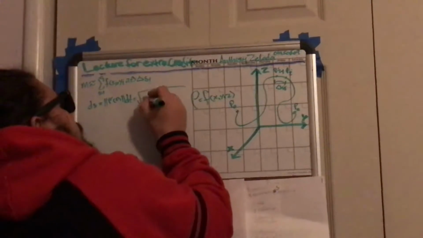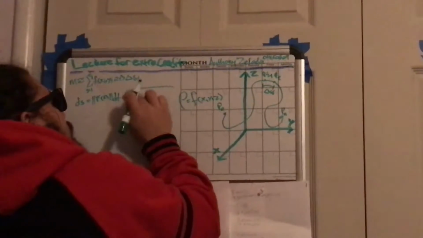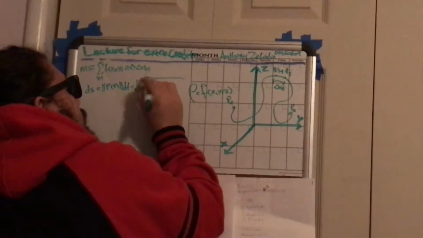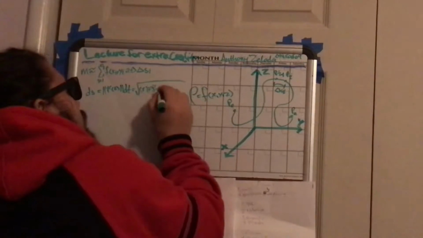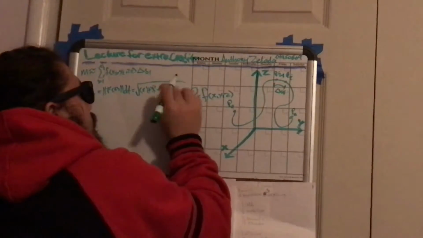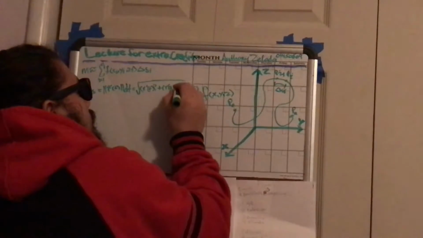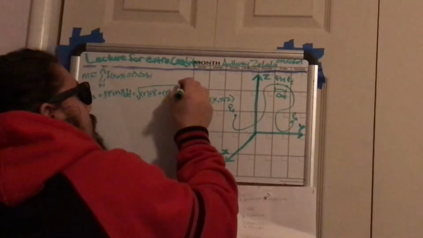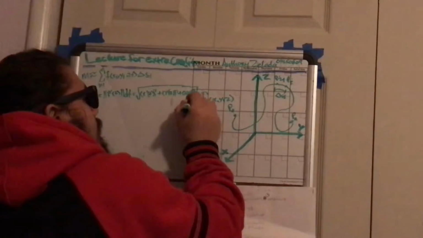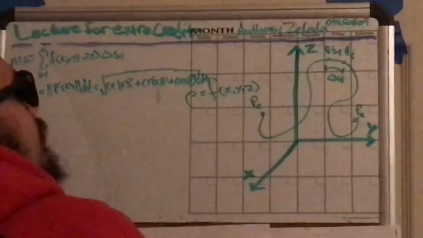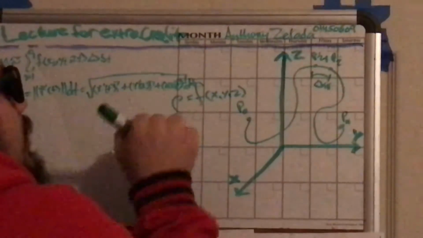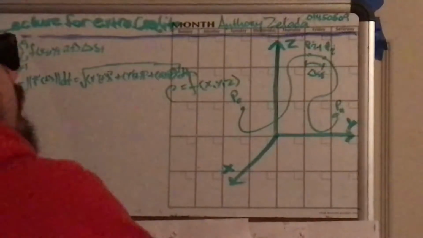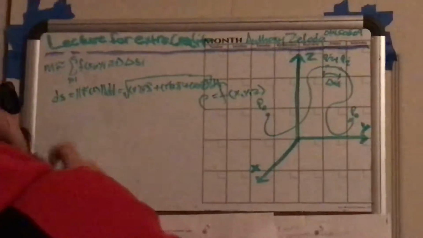So let's put it here. If you can't tell, that's supposed to be z prime of t squared, but it looks a little jangled up there. But that is basically what ds equals.